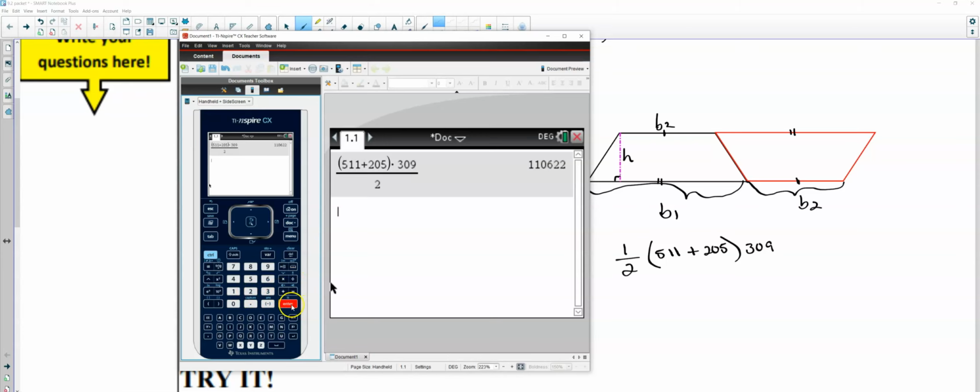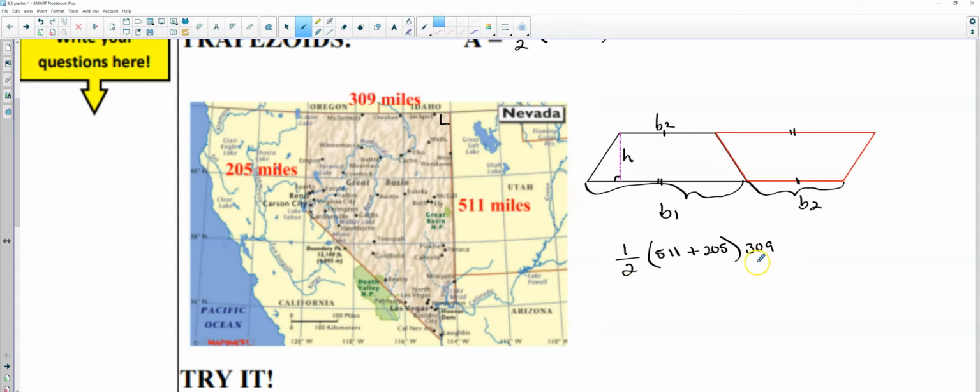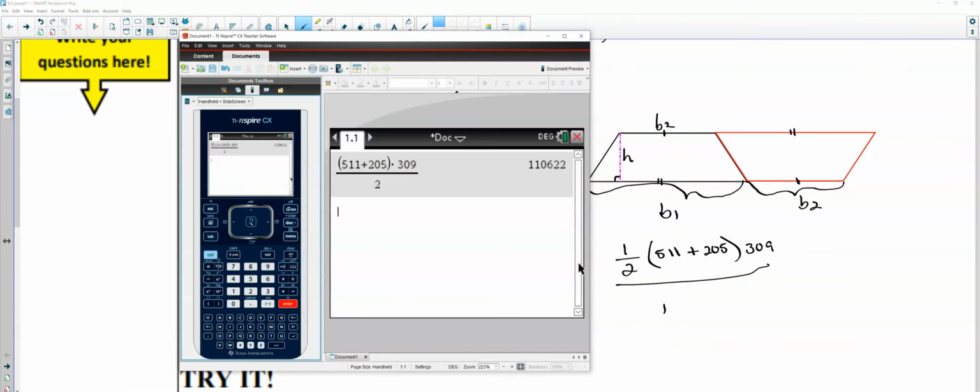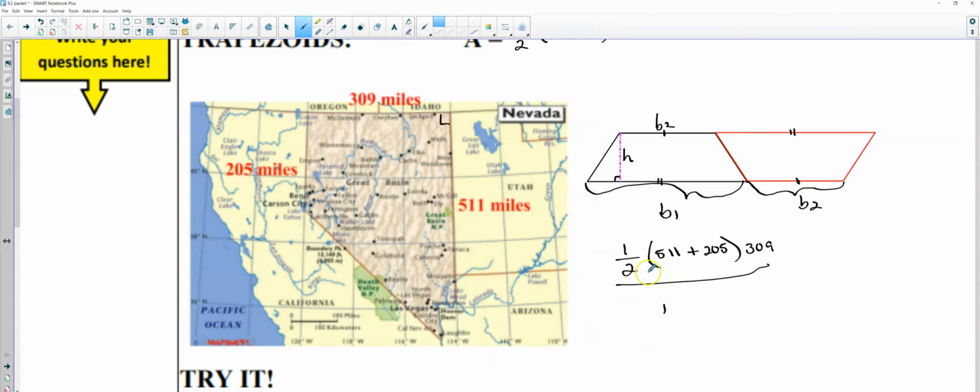That should give me the area approximately. That's 110,622 square miles, because we're talking about area.